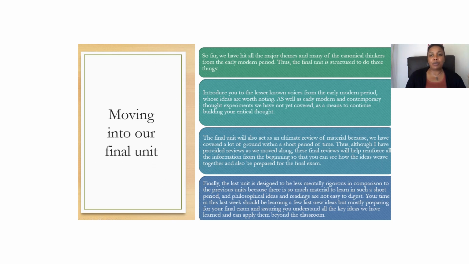And this will continue to help you build your critical thought, as well as give you a big picture of the full scope of the 17th and 18th century, okay? You got some of the key names, but let's hear about some of the other people that played a part.